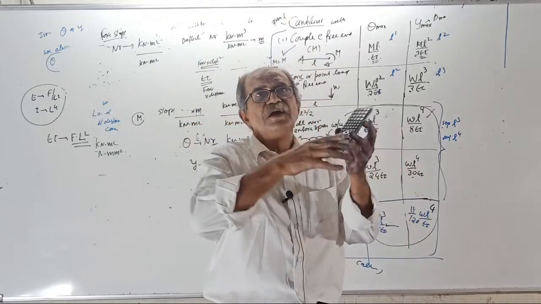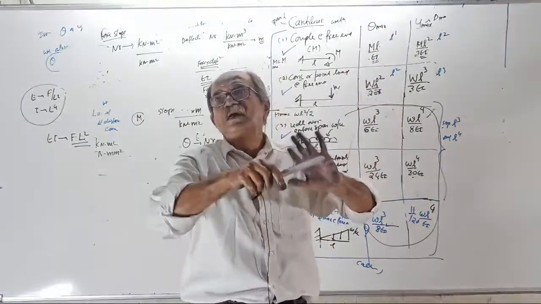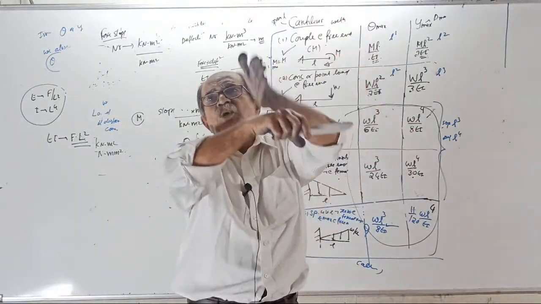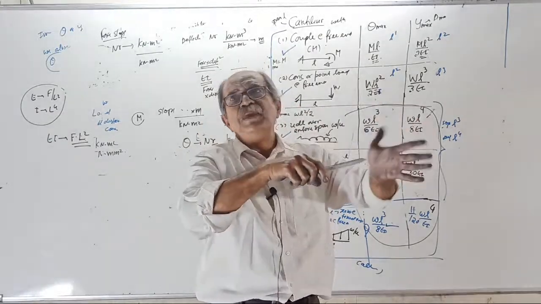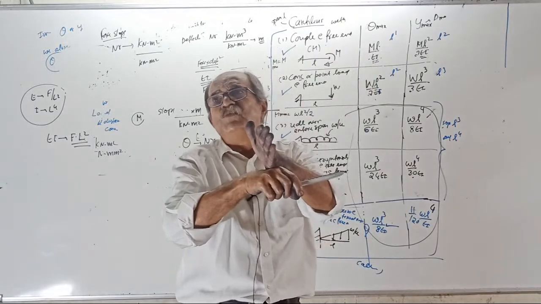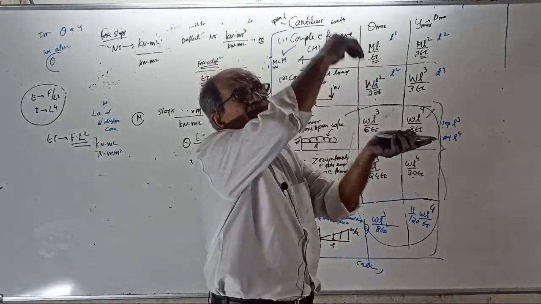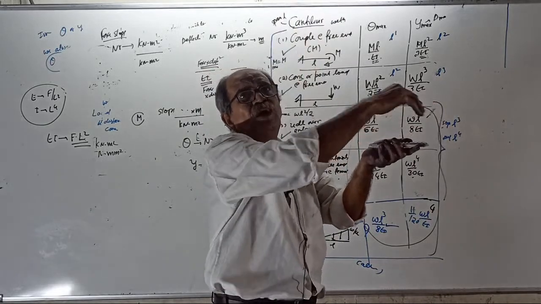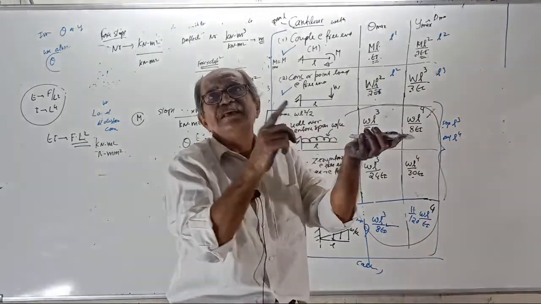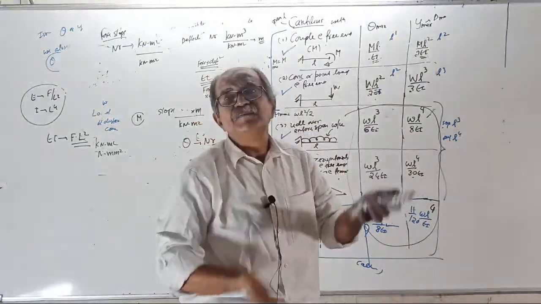Now, couple M: BMD is a rectangle M. Point load W: BMD is 0 at the free end, WL at the fixed end. UDL: BMD is 0 at the free end, WL square by 2 at the fixed end. Uniformly varying load with maximum intensity at the fixed end and 0 at the free end: WL square by 6. Other special case: WL square by 3.